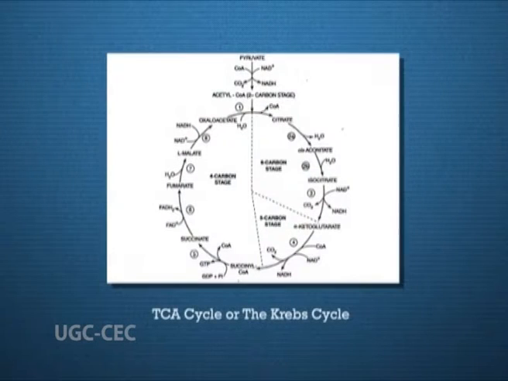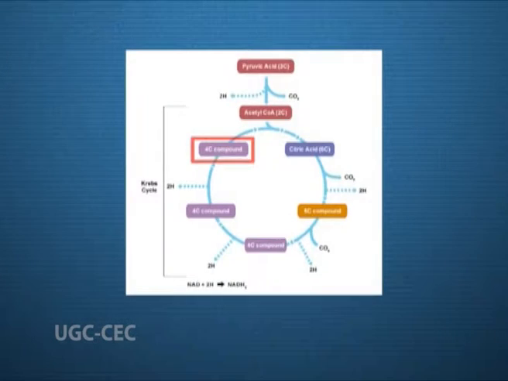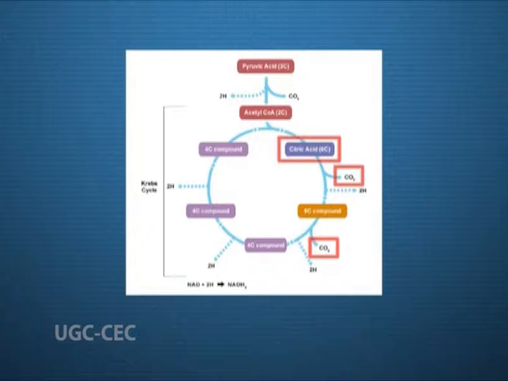The overall pattern of the citric acid cycle is shown here. A 4-carbon compound, oxaloacetate, condenses with a 2-carbon acetyl unit to yield a 6-carbon tricarboxylic acid. The 6-carbon compound releases carbon dioxide twice in two successive oxidative decarboxylations that yield high-energy electrons.